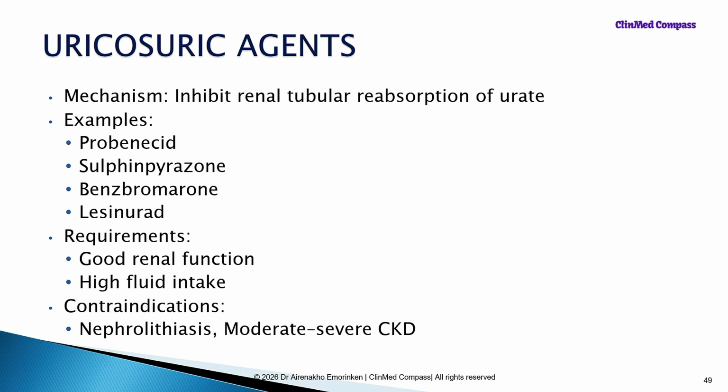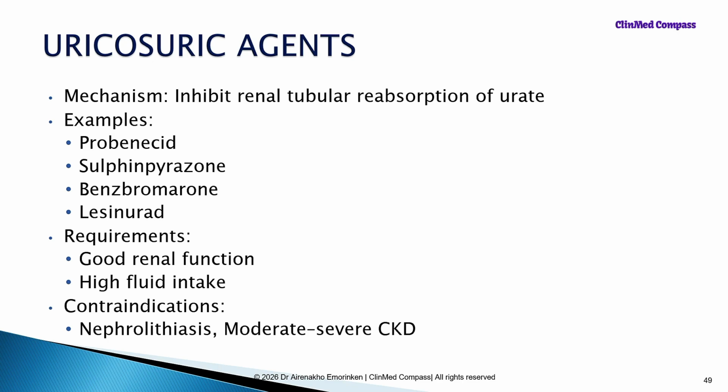Uricosuric agents. Uricosurics work by inhibiting renal tubular reabsorption of uric acid, thereby increasing excretion. Examples include probenecid, sulfinpyrazone, benzbromarone, and lesinurad. Requirements for use are good renal function, usually eGFR greater than 50 mL per minute, and high fluid intake to prevent stones.